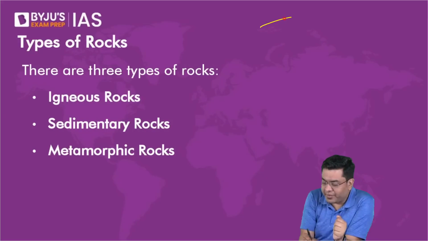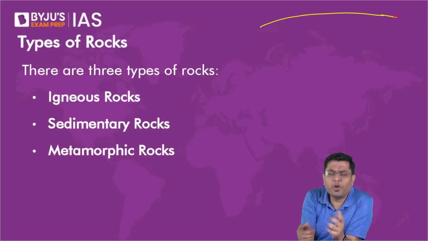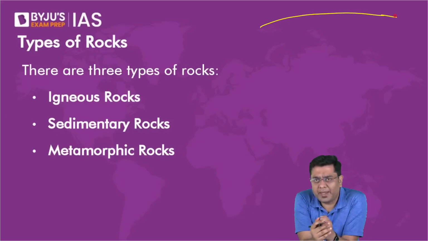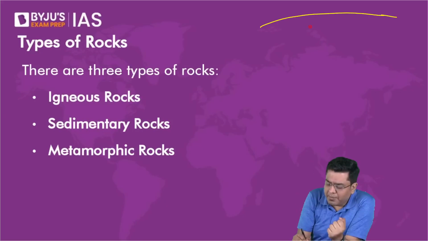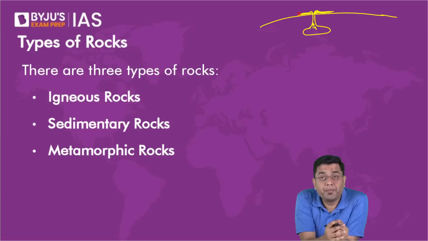Let's suppose this is the surface, and the surface is not very hard, the surface is weak. Let's say you have a pocket of molten materials; these molten materials will break through the land surface and create a volcanic eruption. Molten materials will spread out and they will solidify.